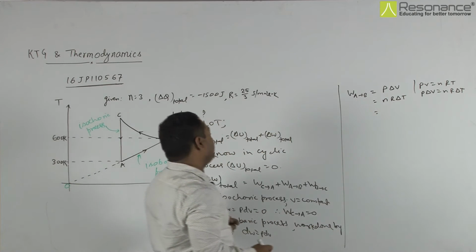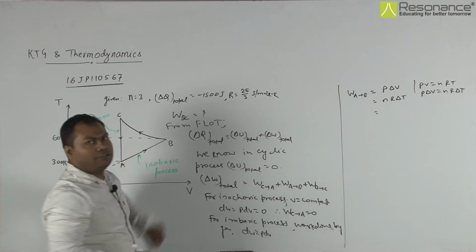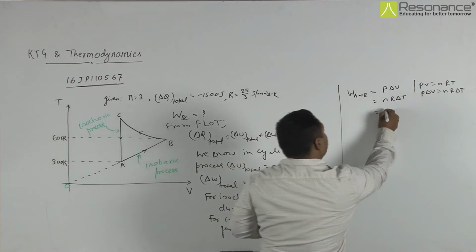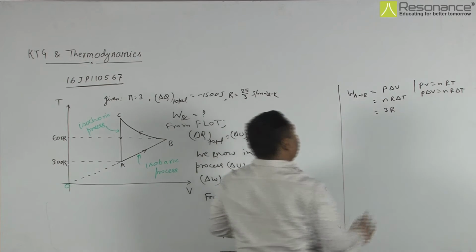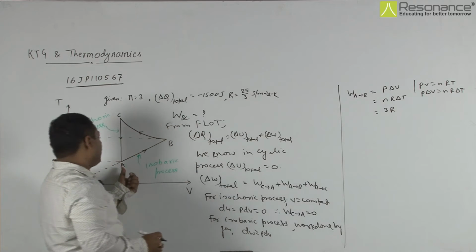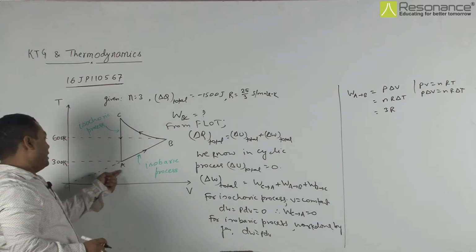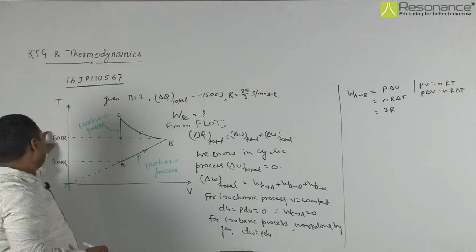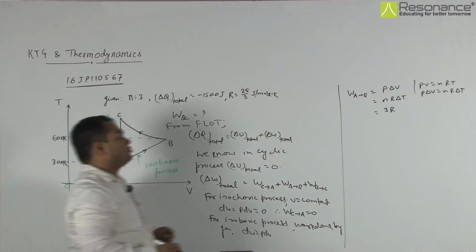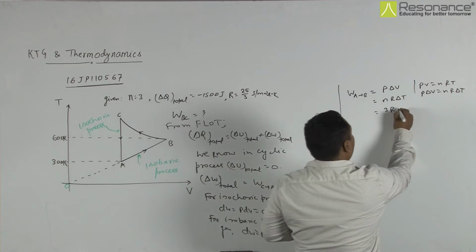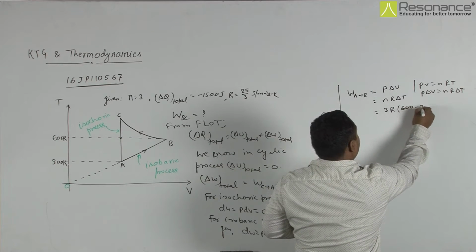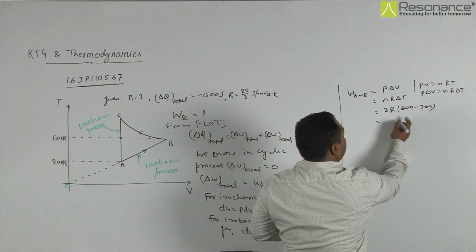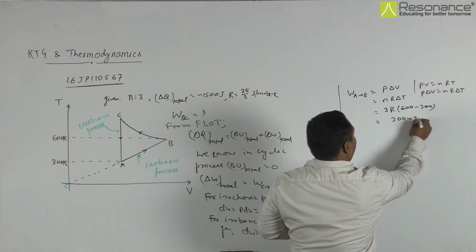Now come to the point, n is given as 3, so 3R, and this is what? Delta T, change in temperature for the process A to B. You see, at A temperature is 300 Kelvin and at B temperature is 600 Kelvin, so difference will be 300. Okay, 600 minus 300, so result is 300 multiplied with 3R.